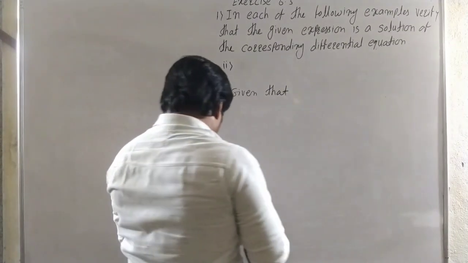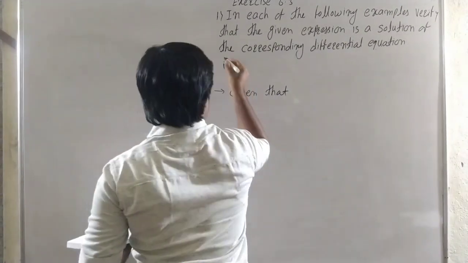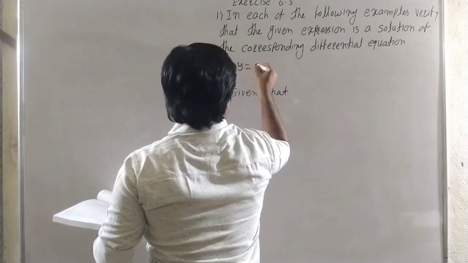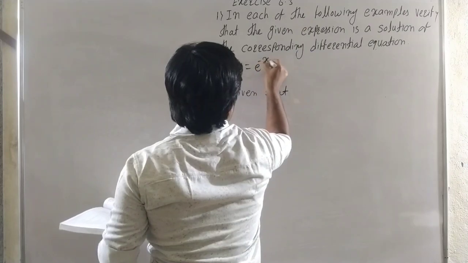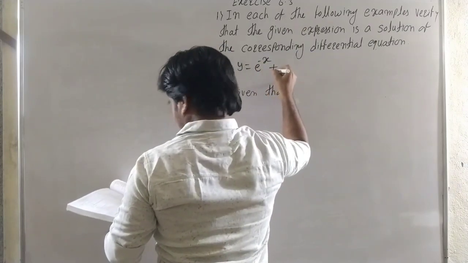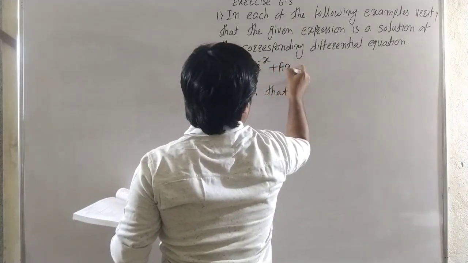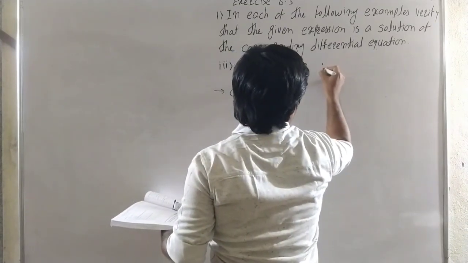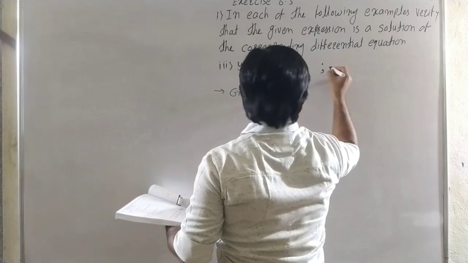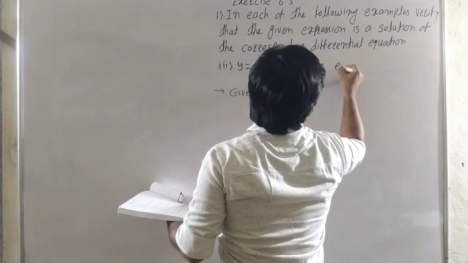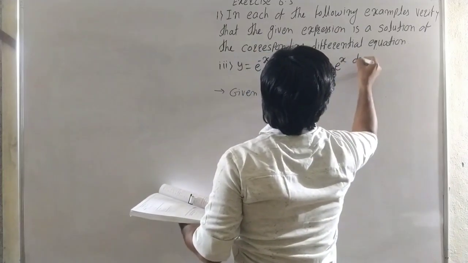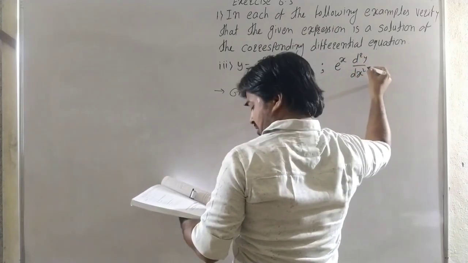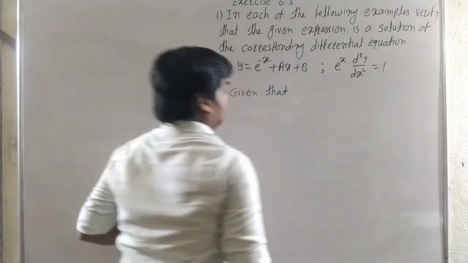Now third example. y is equal to e to the power minus x plus ax plus b, and the corresponding differential equation is e to the power x d2y by dx2 is equal to 1.